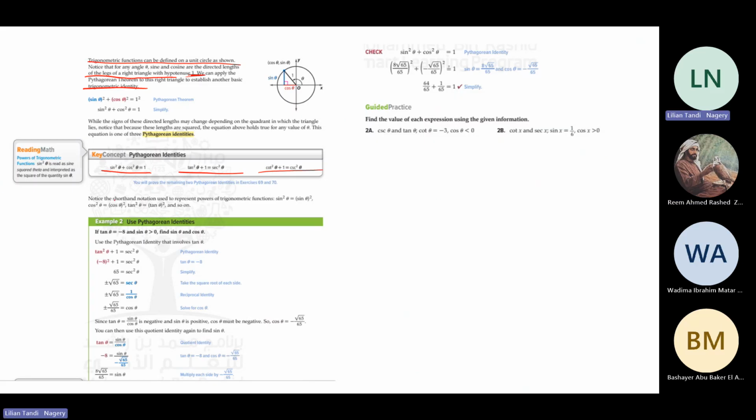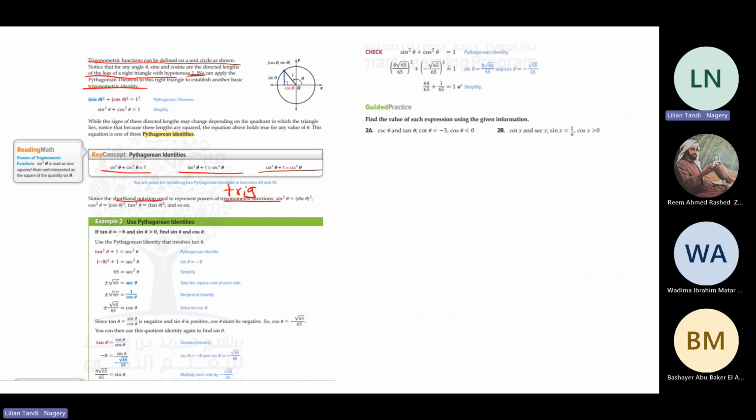Okay. Notice the shorthand notation. If I don't want to write it long, I abbreviate it. Shorthand just means to make it small. Like if you see the word trigonometry, if I want to write it short, I just write trig. That's what shorthand means. So notice the shorthand notation used to represent the powers of trig functions.